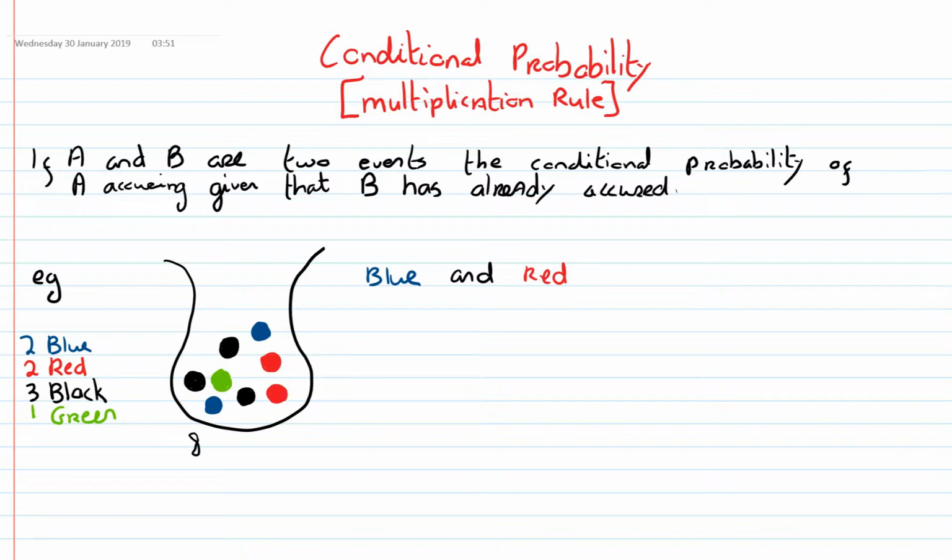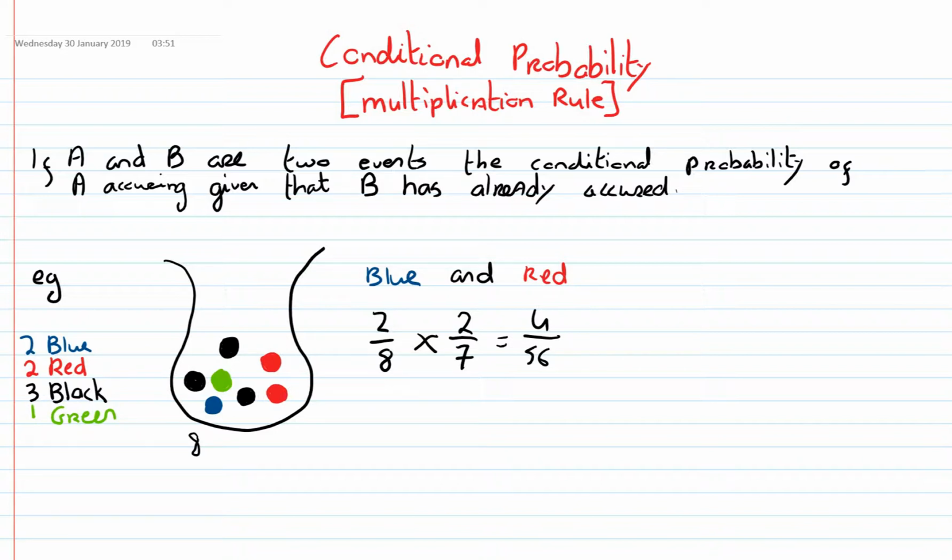Okay, so let's go. Put in my hand, chances of taking a blue, 2 out of 8. But now that blue is gone. So now I put in my hand and I take a red, and it's 2 out of 7. Okay, so that will give me 4 out of 56.